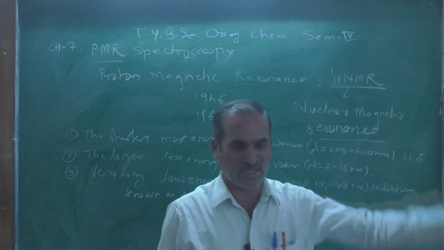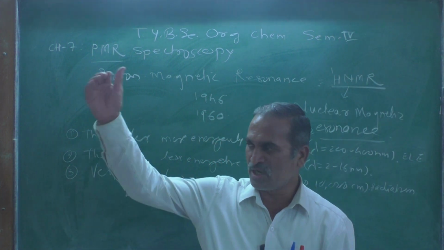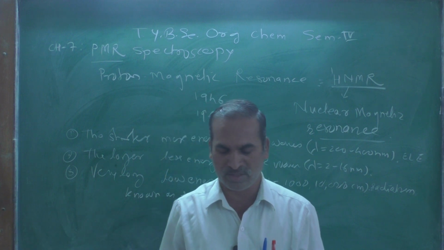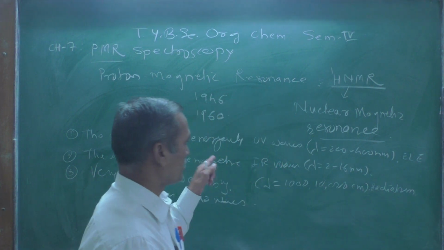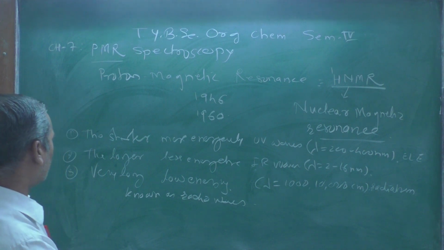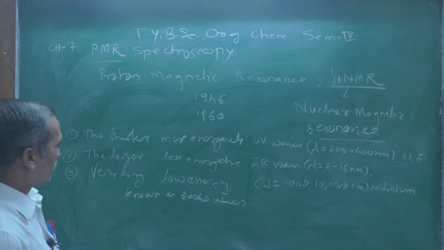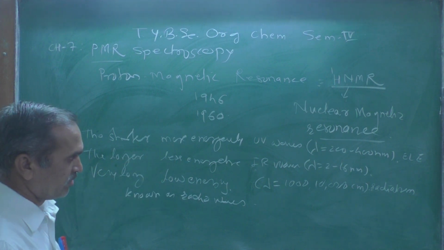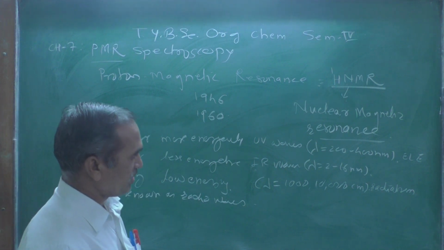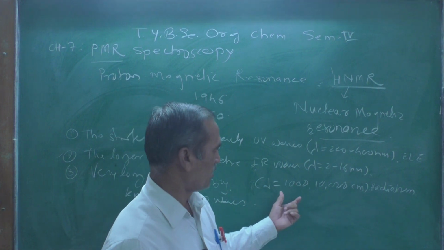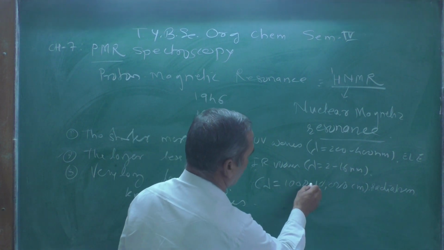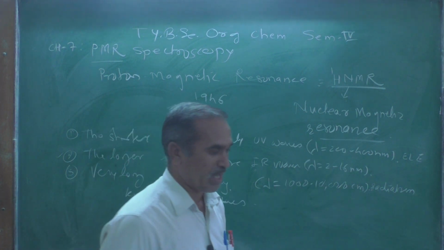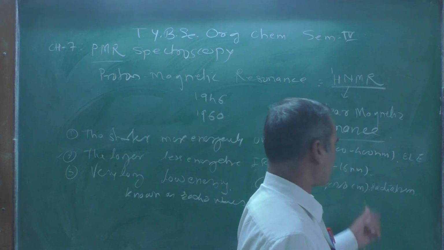That is the second point we have discussed over here. And the third one is a very long but low energy wave. The wavelength given here is 1000 to 10,000 centimeter. Look here, the unit is centimeter.